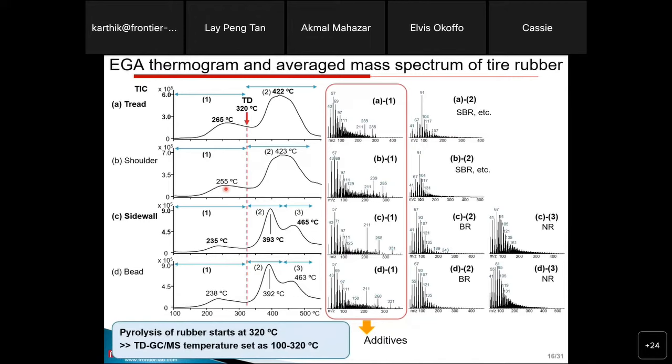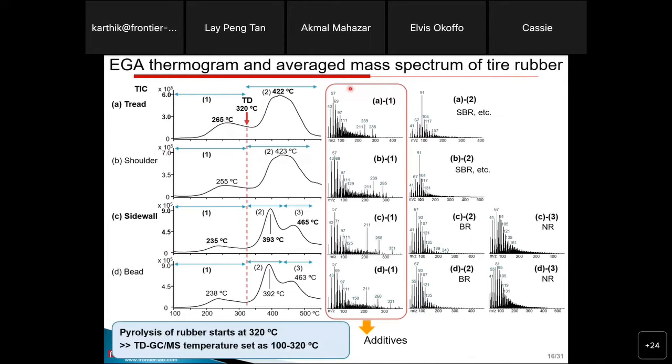So if you look at the left side of this slide, we have shown the EGA, the evolved gas analysis thermogram, of 4 different samples. This output is something similar to what you get from TGA. At the same time, this data only tells you the temperature profile for additives and polymer.